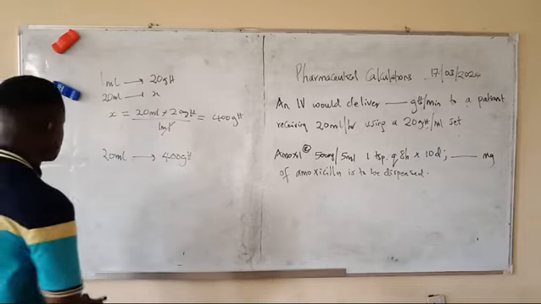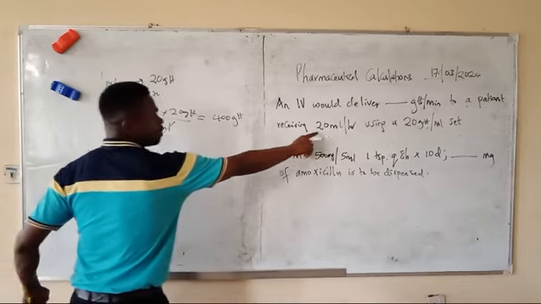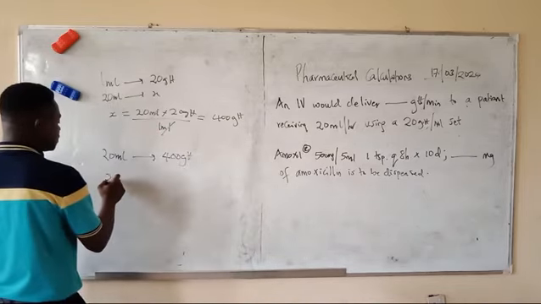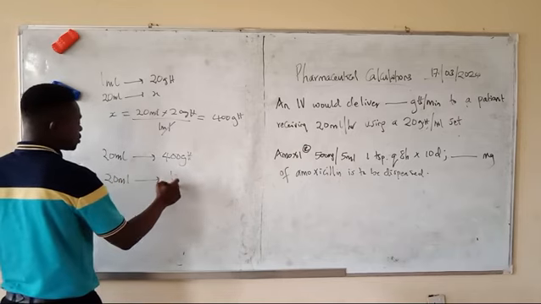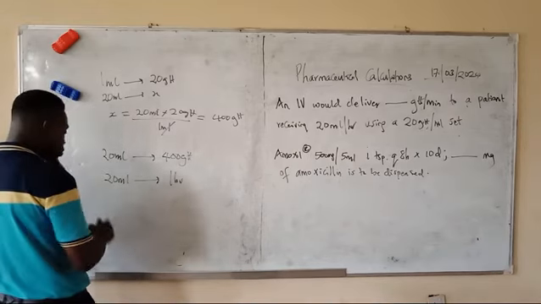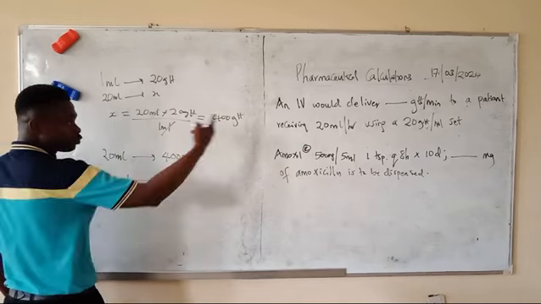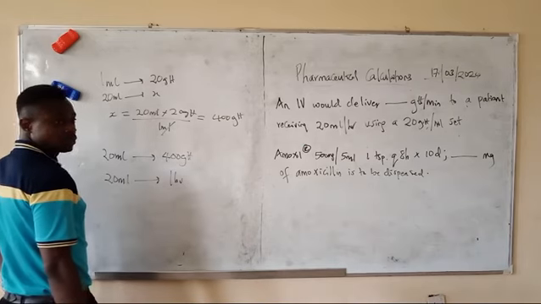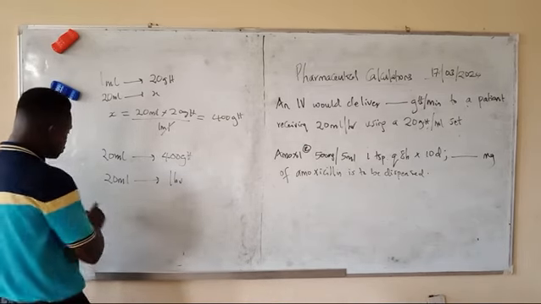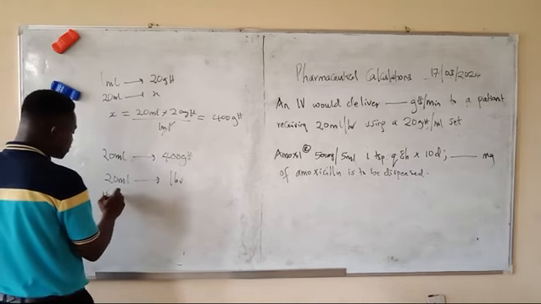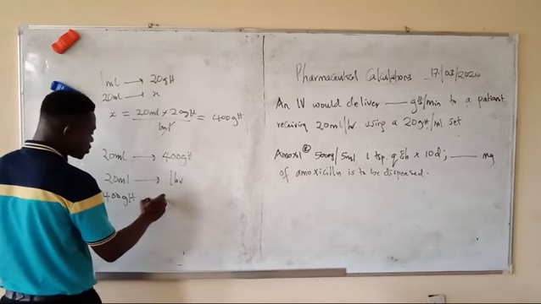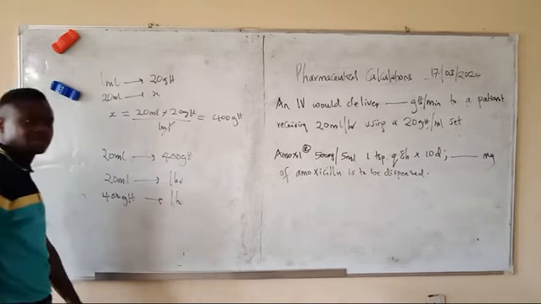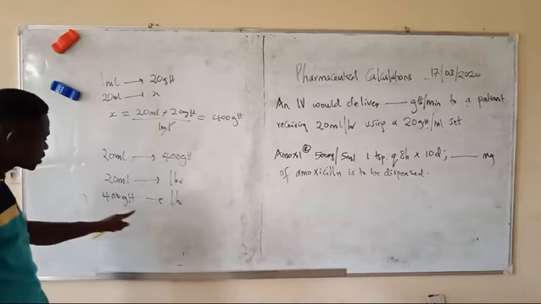400 drops. Good. So this patient receives 20 ml in 1 hour. Anywhere you see 20 ml, replace it with 400 drops. This means the patient will receive 400 drops in 1 hour.